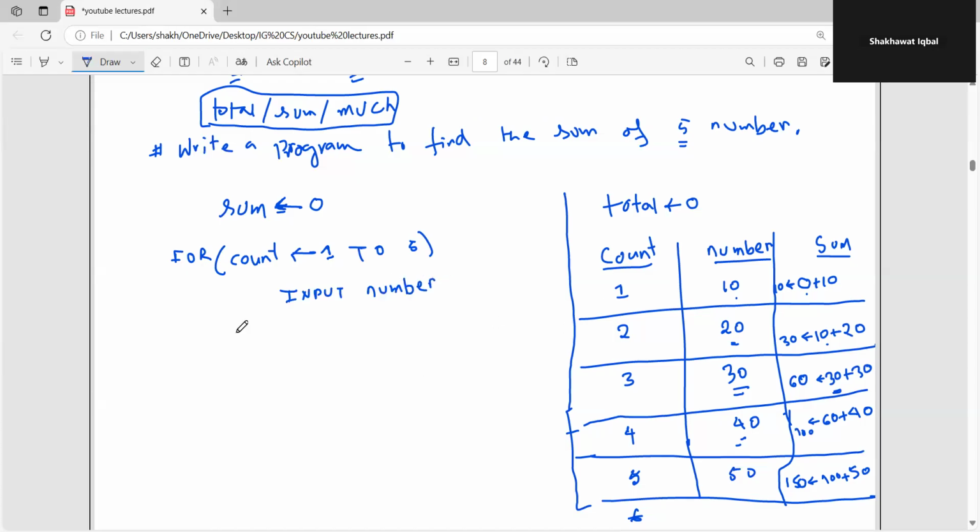The number that I input will be added with sum. Then I will get my new sum. Okay, that's it. Then count will increase to the next value. Then I will print here.